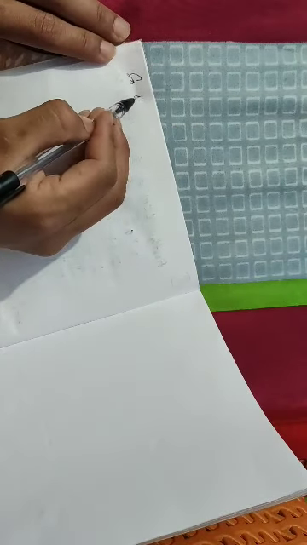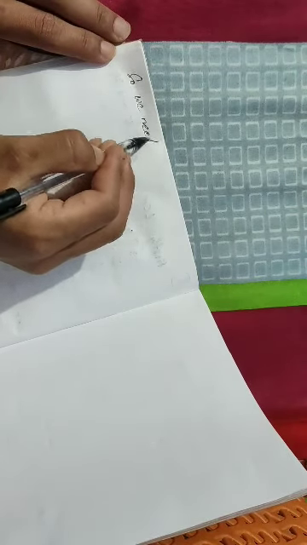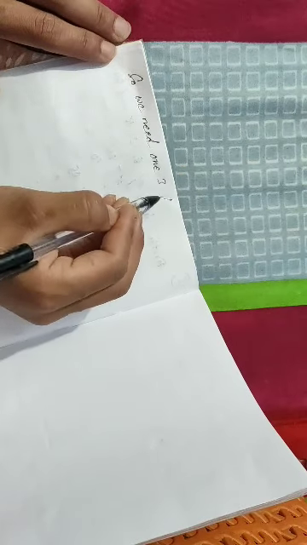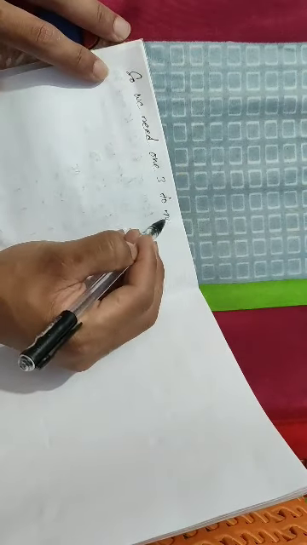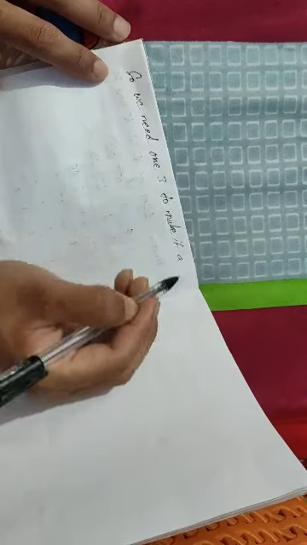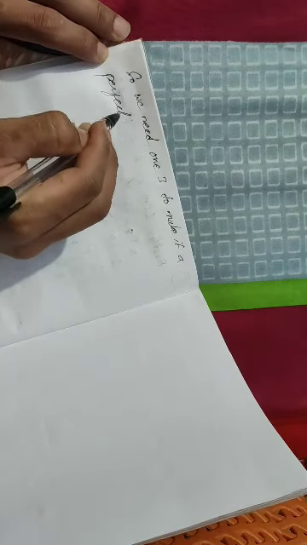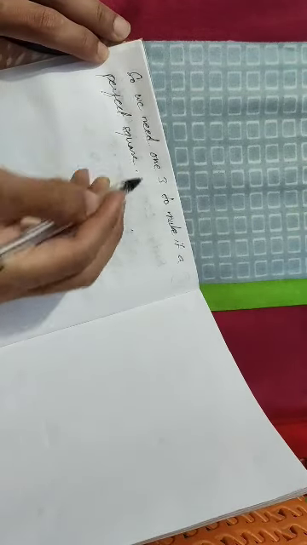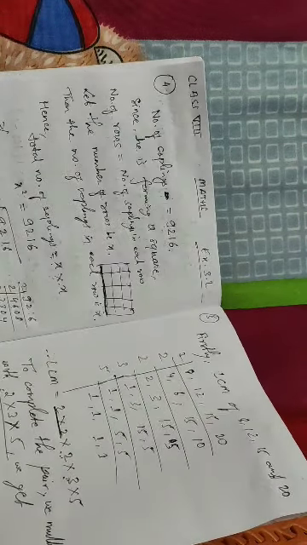So we need 1 3 to make it a perfect square, isn't it? So to make it a perfect square, we need 1 3, because only 1 3 is remaining unpaired.